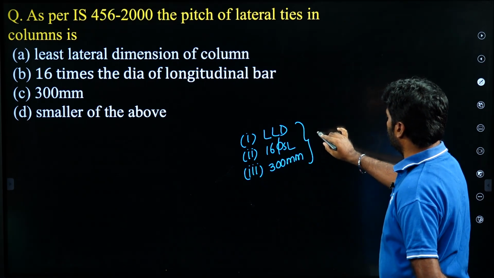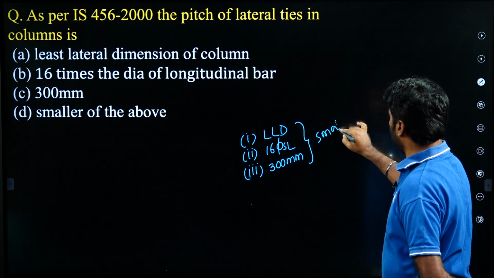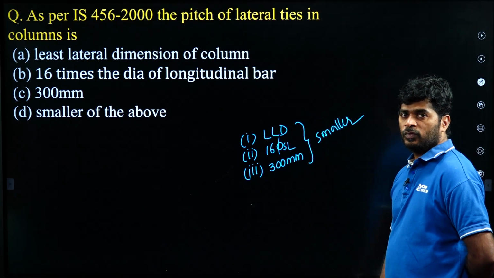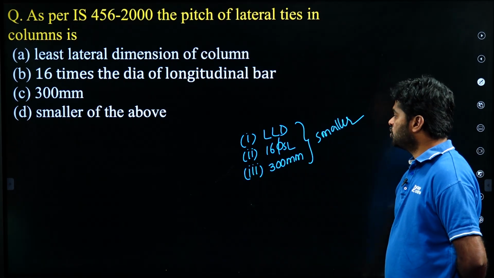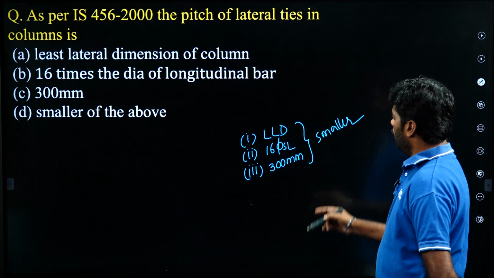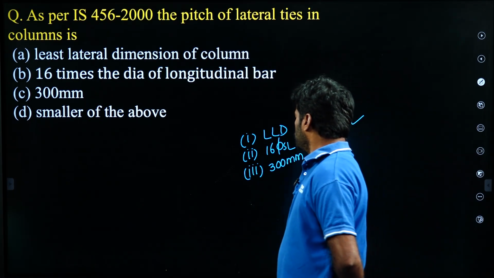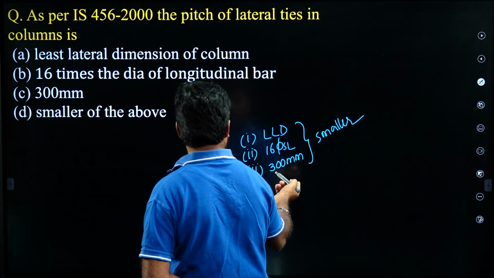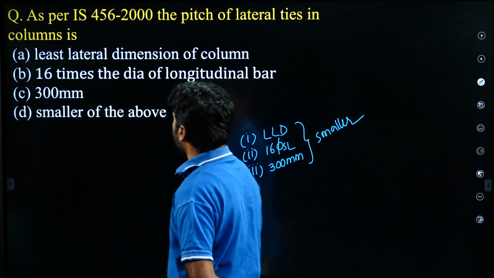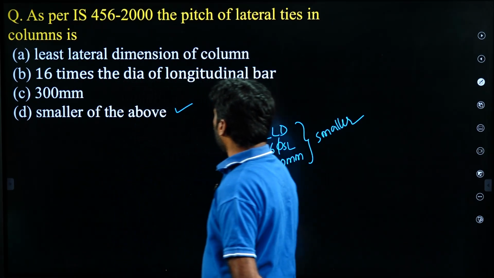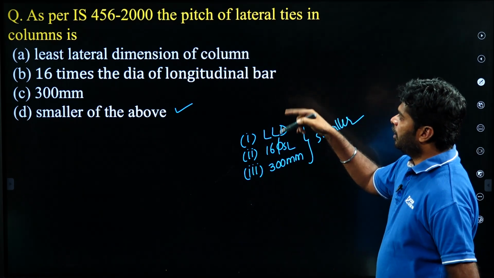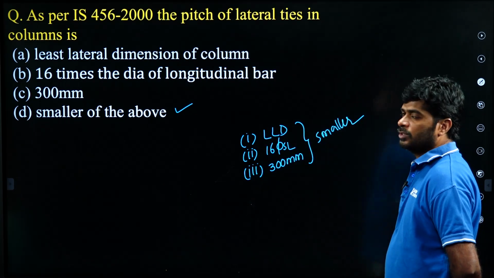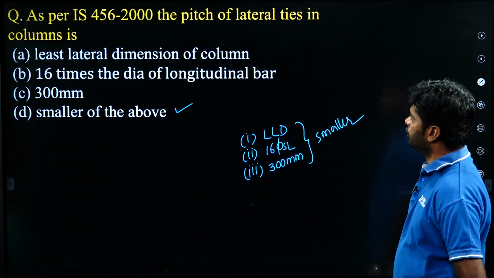Take the smaller value among the three conditions. Maximum pitch should be the least lateral dimension, or 16 times diameter of smallest longitudinal bar, or 300 mm. Option D is correct: smaller of the above. Okay. Next question.